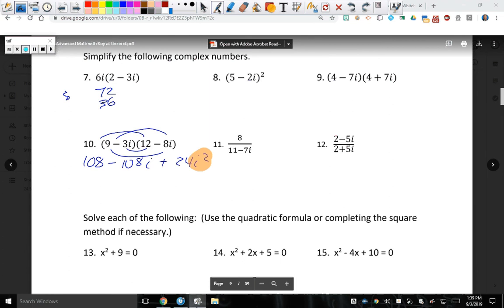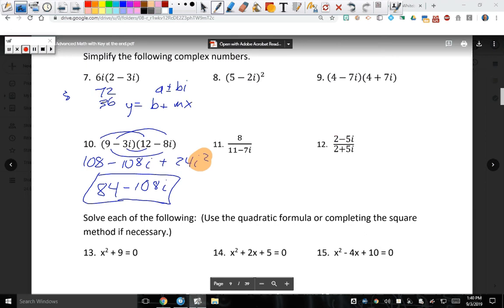So it's the same as subtracting 24, which would be 84 minus 108i. Understand that the default form is a plus or minus bi, almost like y equals mx plus b. Questions? Okay, so let's move on to number 11.